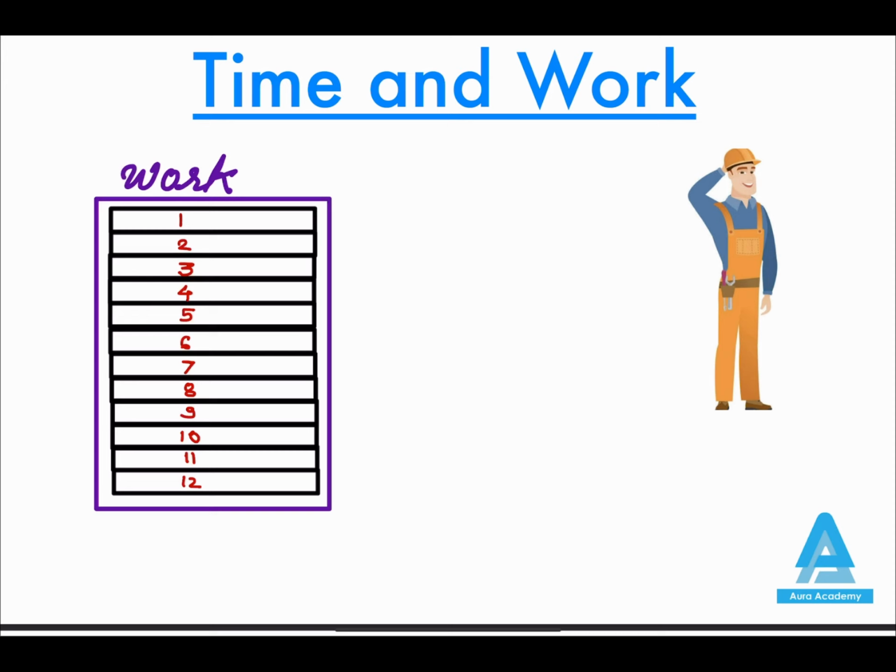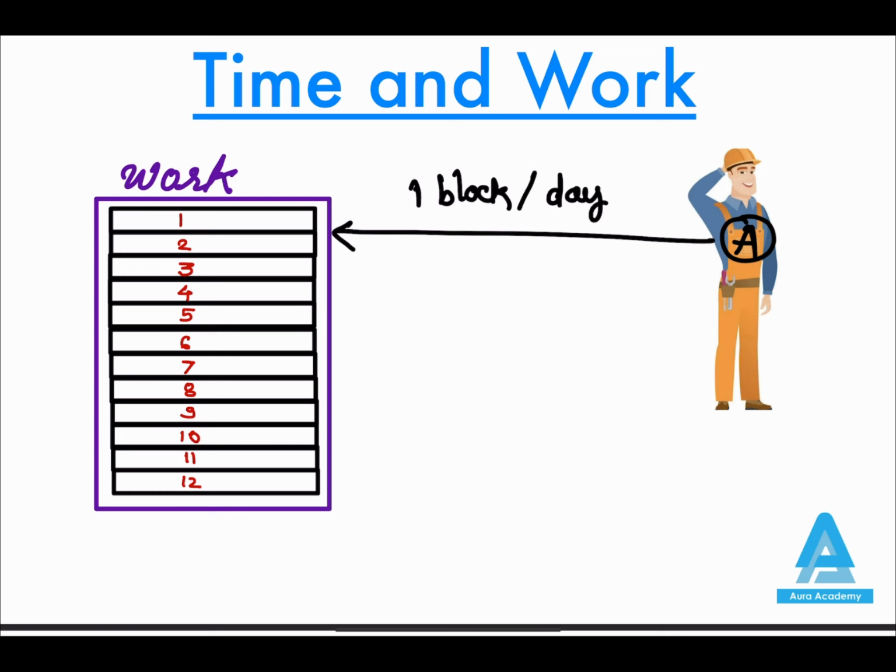Suppose A is a worker and he is able to remove one block. There are a total of 12 blocks in the work, and he removes one a day. So we can easily see that he is going to complete this work in 12 days. He will be able to remove 12 blocks in 12 days. It is very clear.